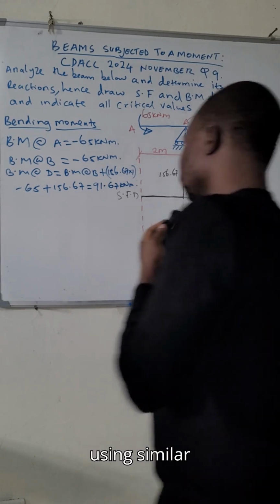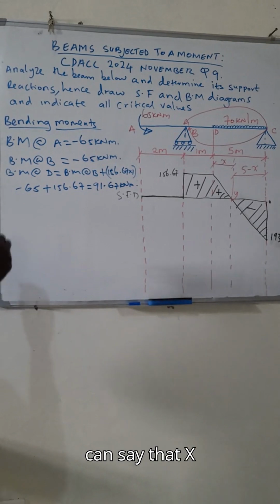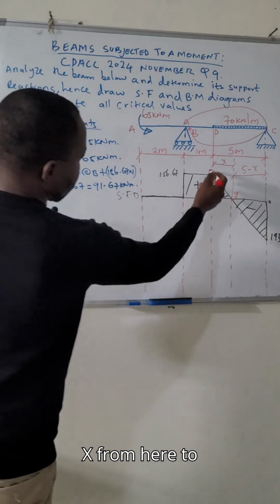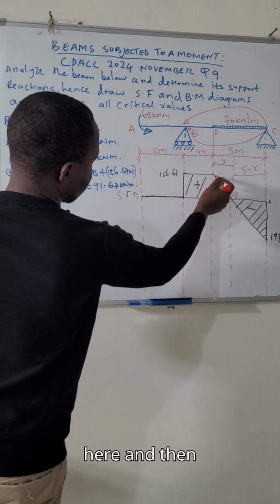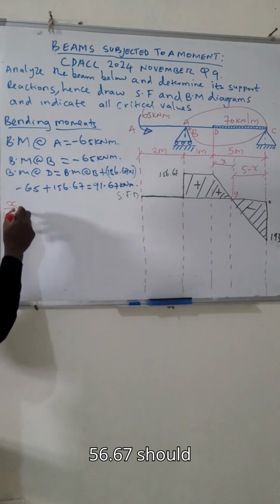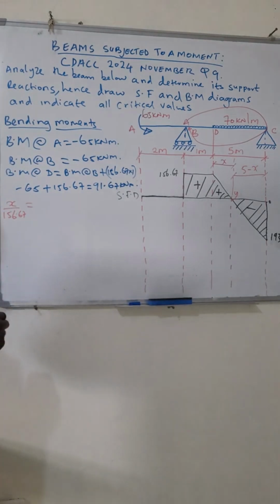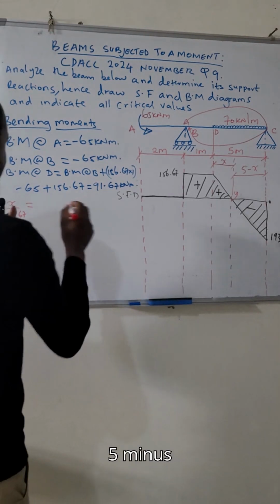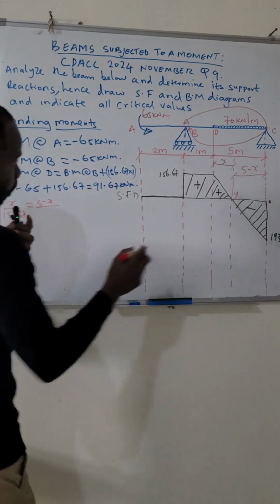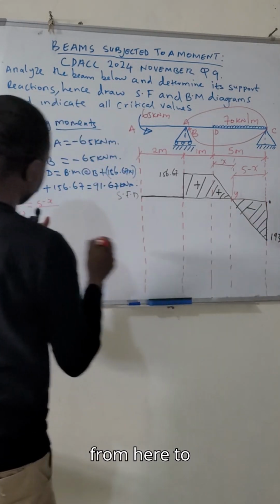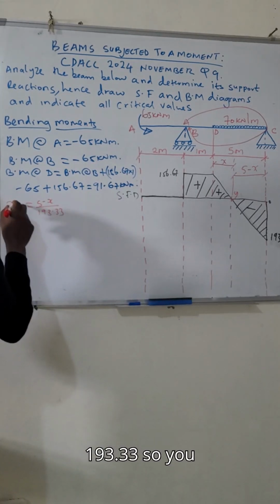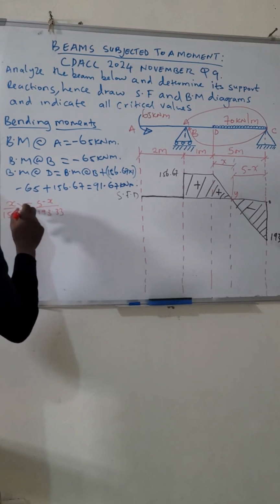Using similar triangles, x over 156.67 should give you 5 minus x over 193.33.